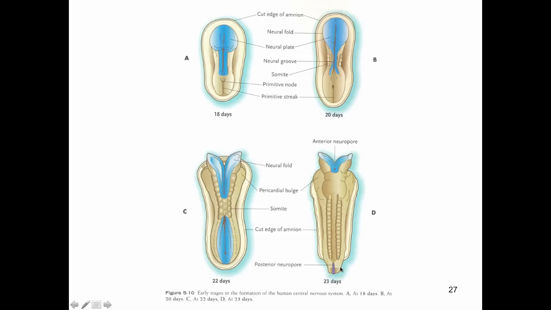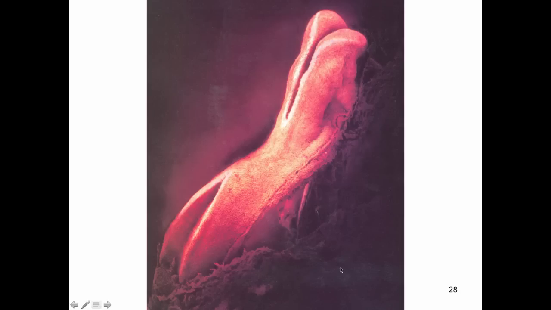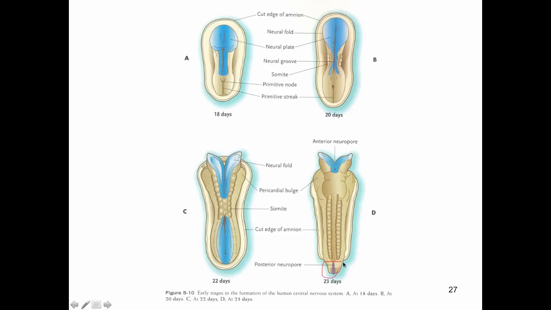It only remains slightly open at the bottom and at the top. Okay? And those we call the neuropores. So there's an anterior and posterior neuropore. Eventually these neuropores are also going to seal, once they form the cerebral hemispheres and the rest of the brain at the top, and once the spinal cord fully forms towards the bottom.